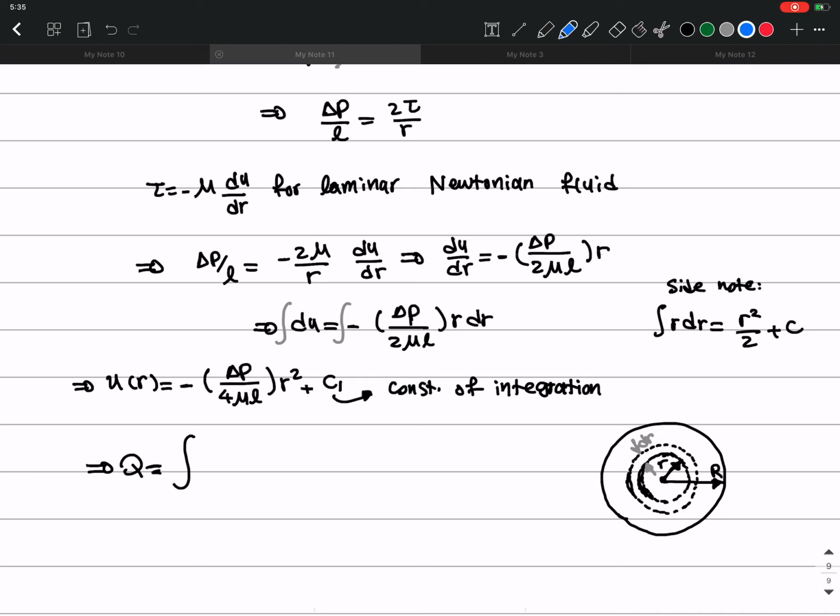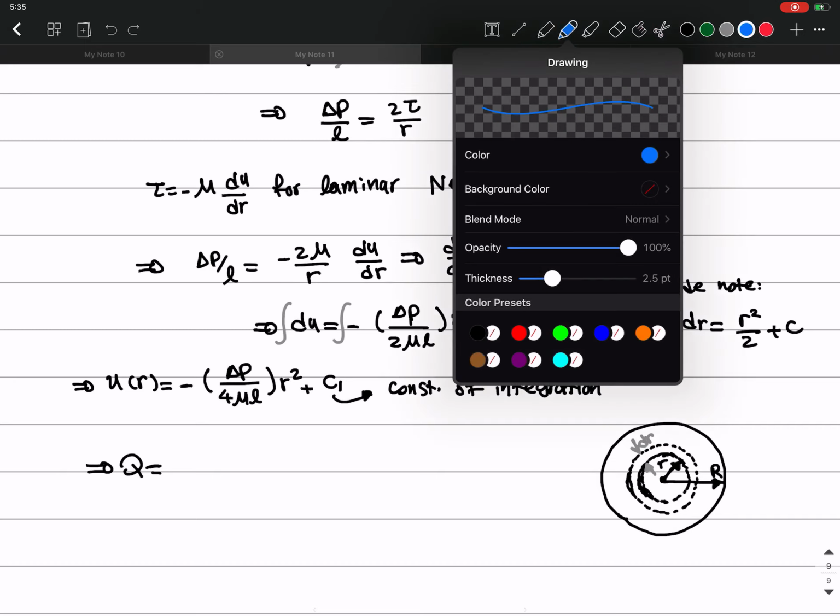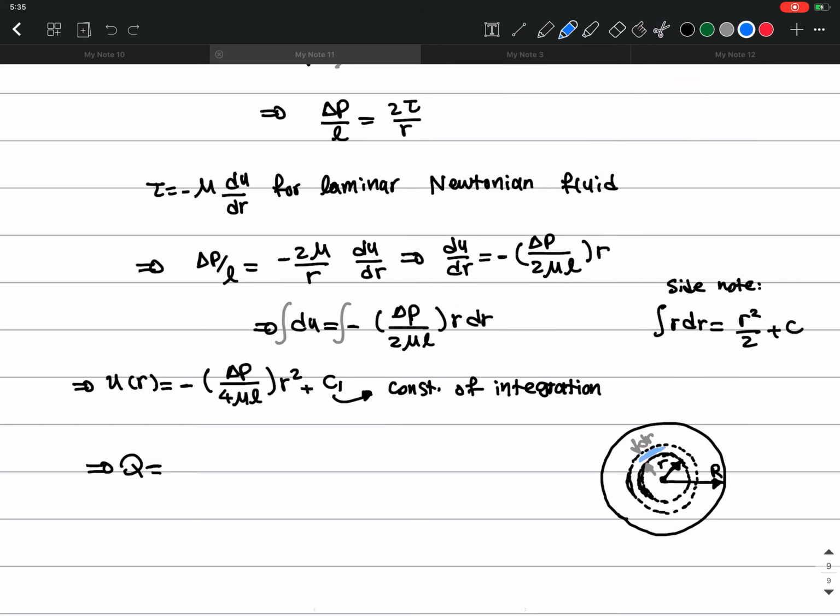Say if this has a velocity u of r. Okay, so I want to calculate the velocity at this section. So let me do it this way. Make the opacity lower a little bit. So I want to calculate the flow rate that is passing through this small element that I have shown here.